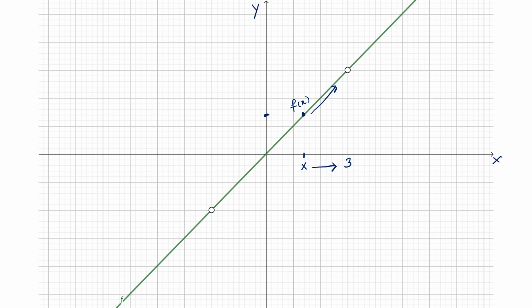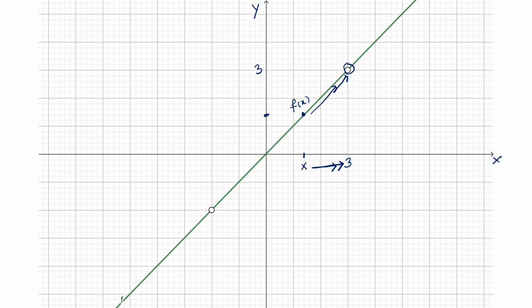So I am taking x approaching 3, then this f of x approaches this point. What is the point here? The corresponding value is 3. So x approaches 3, then f of x also approaches 3.